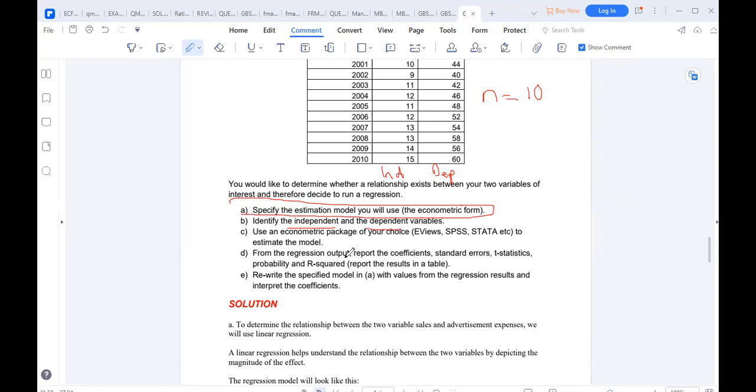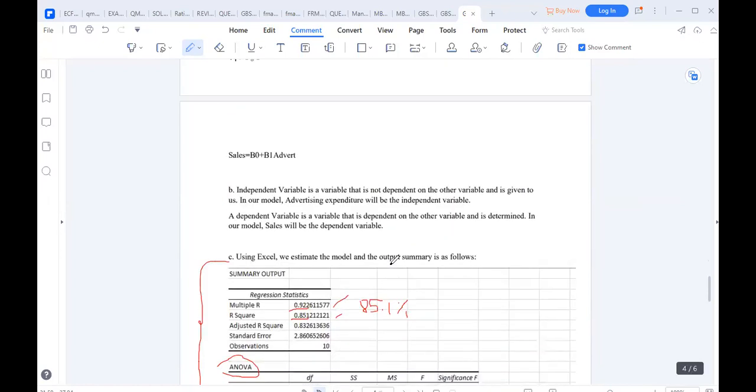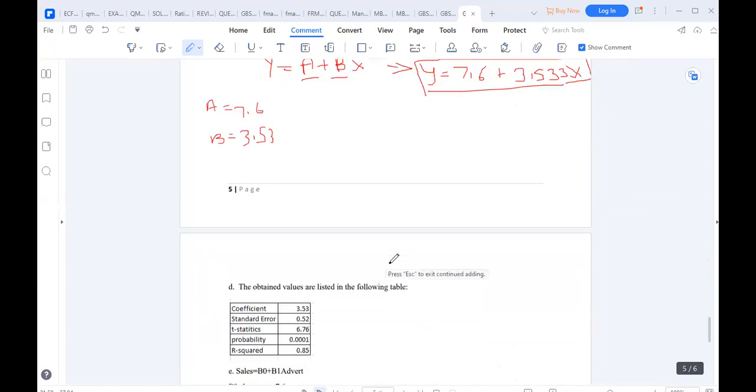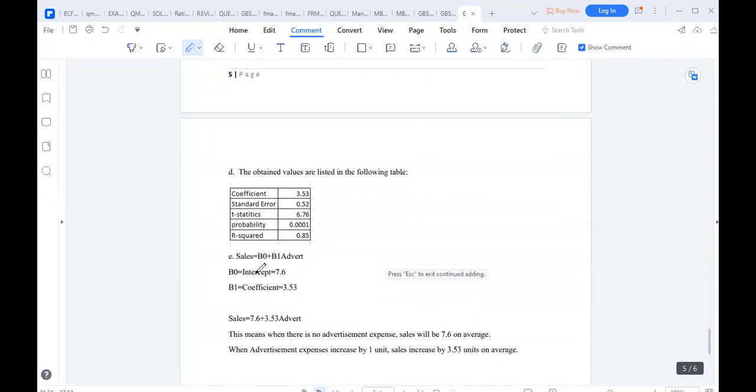The next question from the output that you have: give a report on the coefficients, the standard errors, the test statistics and the R squared. So now this is a report we're giving. Number one, the B0, which is our y-intercept, is 7.6. The B1 is a gradient, which is 3.53.